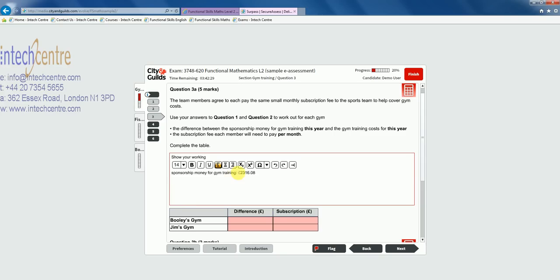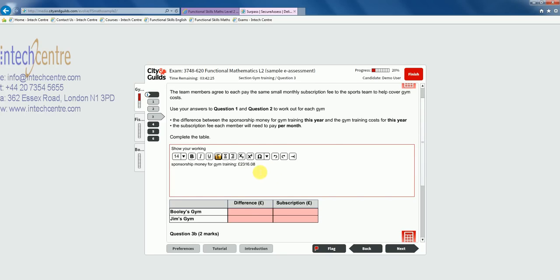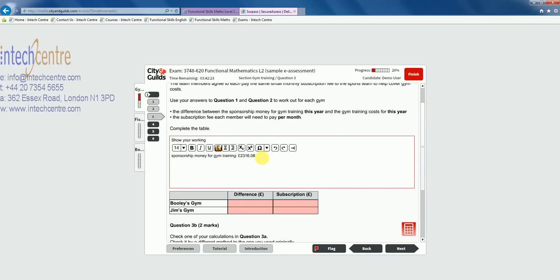Again, this is just a guide to help you figure out what I'm doing and explain what I'm doing. So this is sponsorship money for gym training. This is what we got in question 1. And then Booley's gym costs. Booley's gym, this was the monthly cost. Remember this.